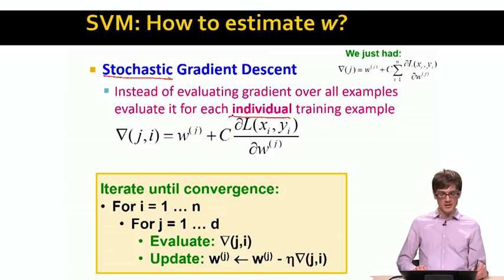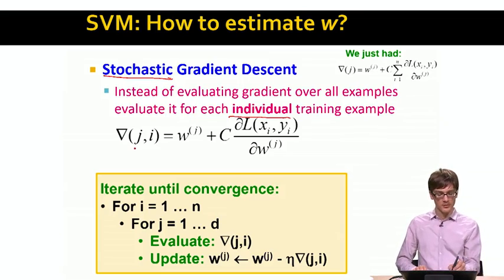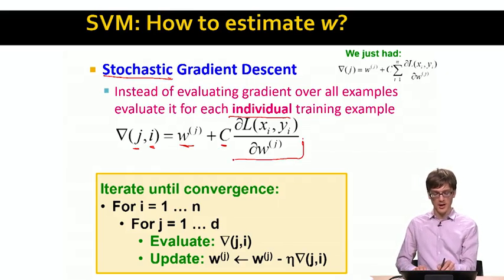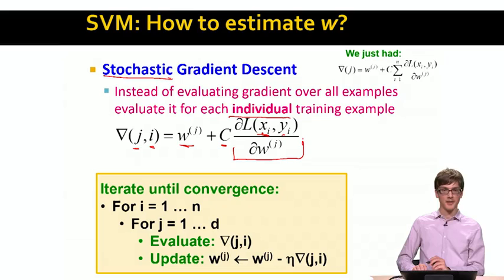So the gradient for coordinate or dimension j and training example i is simply wj plus C times the gradient for that given training example i.